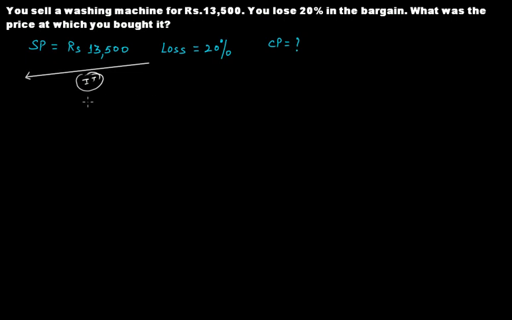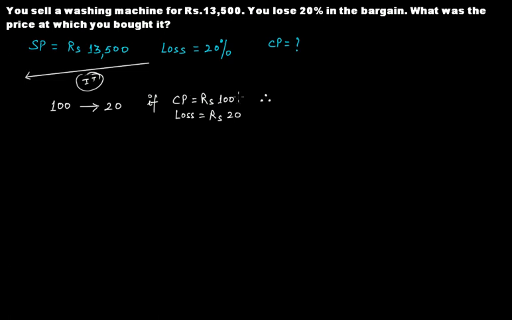So in this case, when your cost price is 100, you are making a loss of rupees 20. At 100 cost price, you make a loss of rupees 20. Therefore, if cost price is rupees 100, you make a loss of rupees 20.